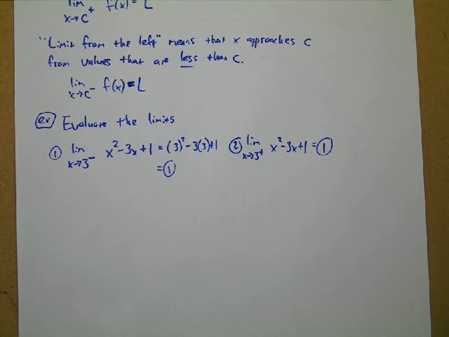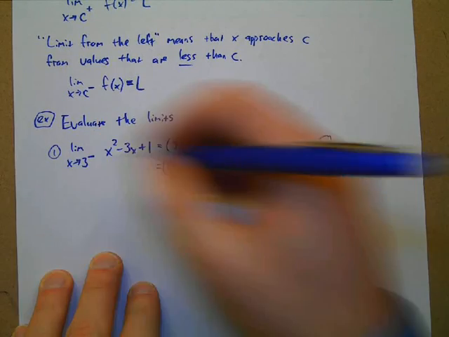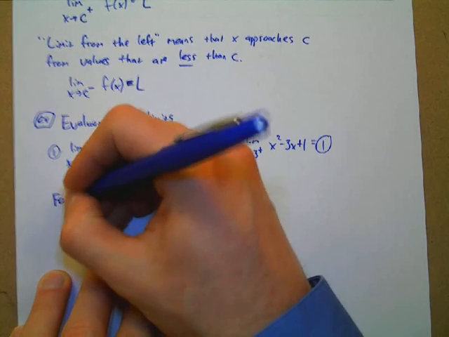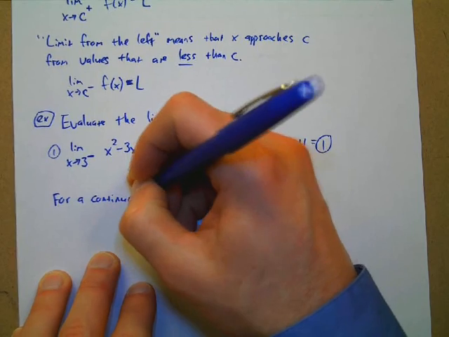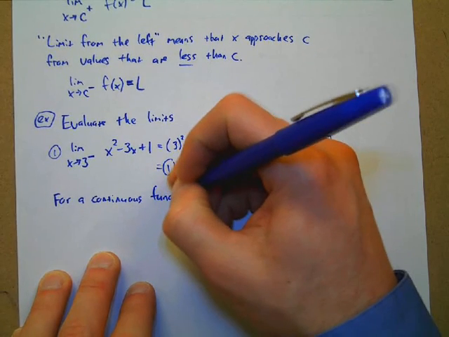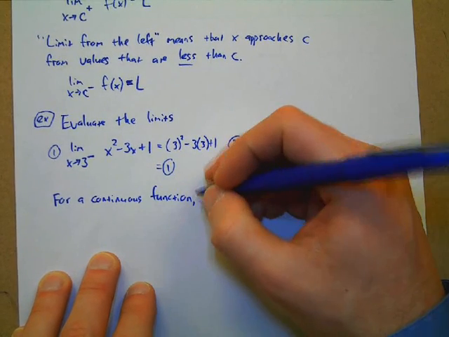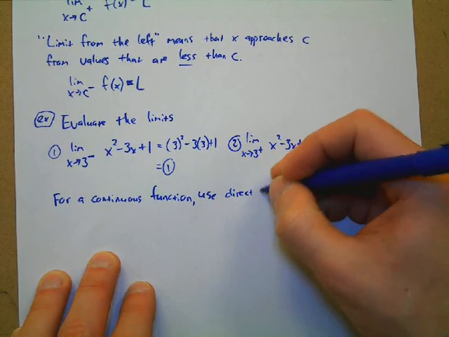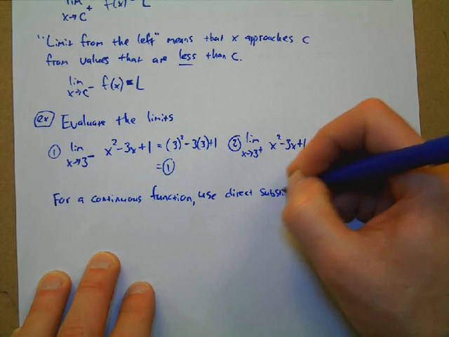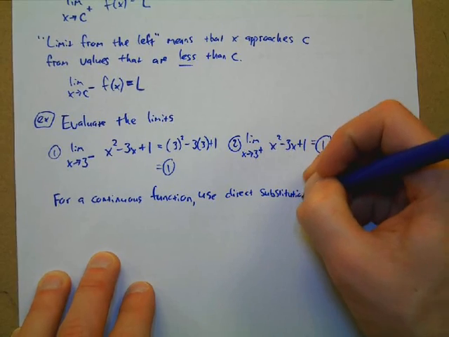For a continuous function, just use direct substitution. We can just plug it in. When a function is continuous, evaluating that function at the point is just like finding its limit at that point. They're the same value.